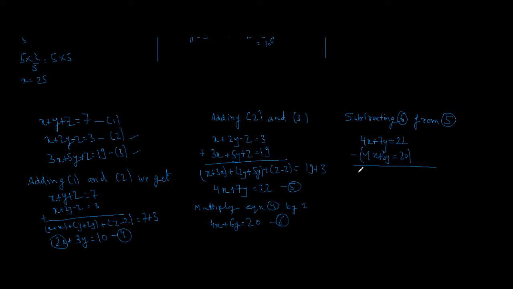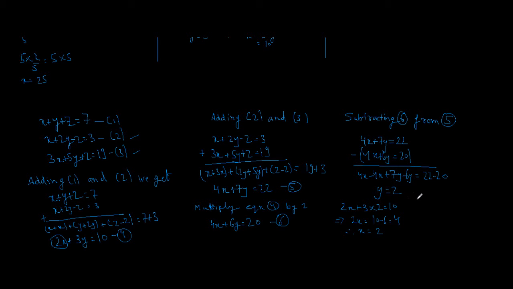Result is 4x minus 4x plus 7y minus 6y equal to 22 minus 20. As a result, I get y equal to 2. Once I have obtained y equal to 2, I can substitute it in equation 4 and write down 2x plus 3 into 2 equal to 10, which implies that 2x equal to 10 minus 6 equal to 4. Therefore, x equal to 2.